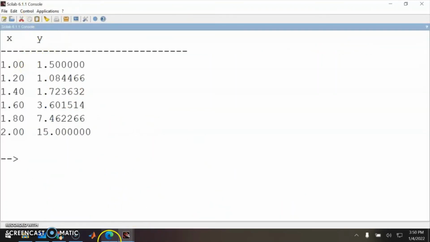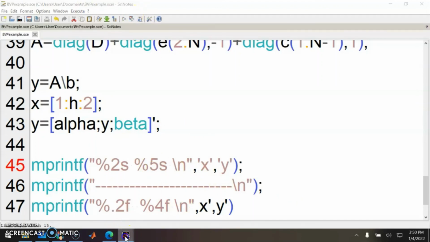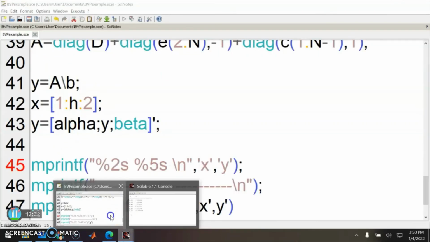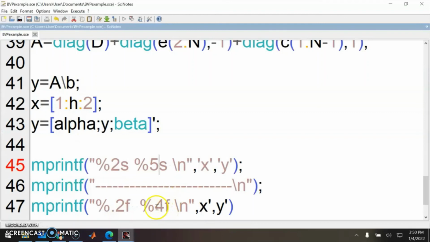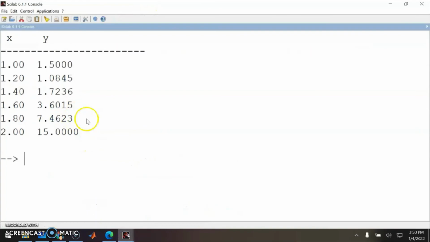Now I have to reduce the line, so make it 5, spacing for y. And let's see. That's good. Now we're going to say there are 4 decimal places. To do that, I need to put 4 dot 4 decimal places. 4 here stands for the spacing. Okay, let's see. There you go.